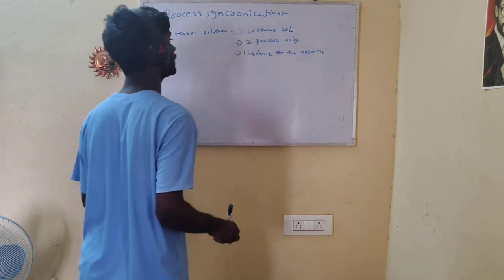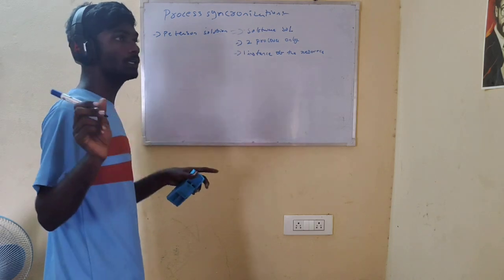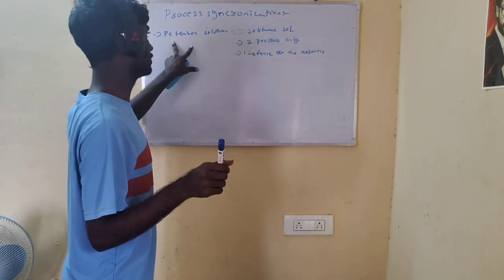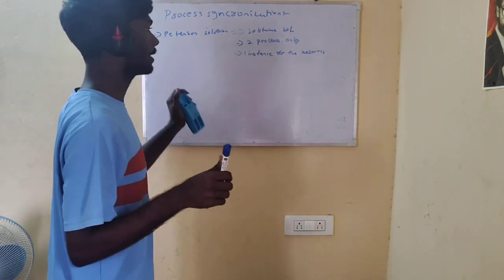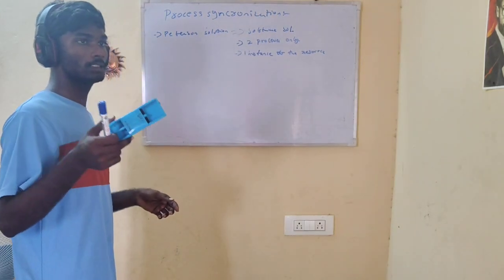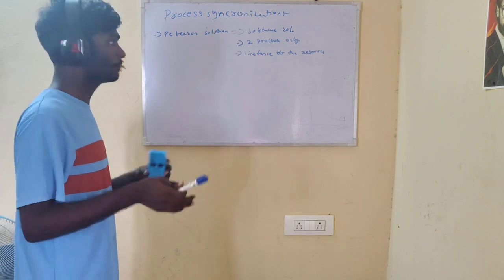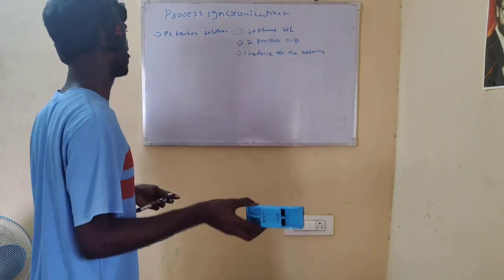So whenever we are having more than one instance of the resource, we can't use the Peterson solution, that is the software solution for process synchronization, handling of critical sections, or the hardware solutions, the three hardware solutions that are mentioned previously. We can't use any of these four solutions.